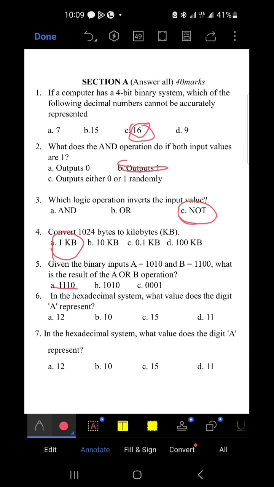So with the hexadecimal system, when you start from 10, 10 represents A, 11 represents B, 12 represents C, 13 represents D.